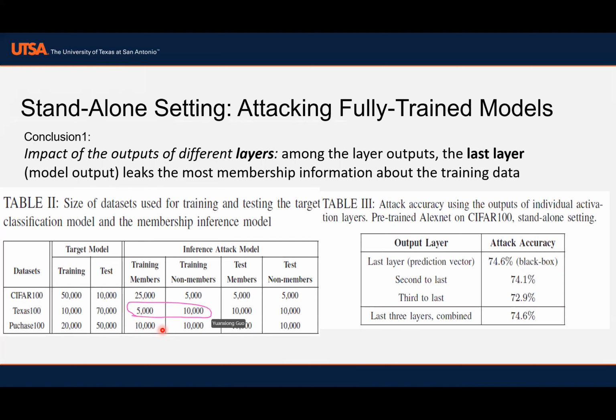This example looks like the training members all have 5,000, but the non-training members have 10,000. So at least here the non-member set is larger than the members. Do they have the performance somewhere in the table?